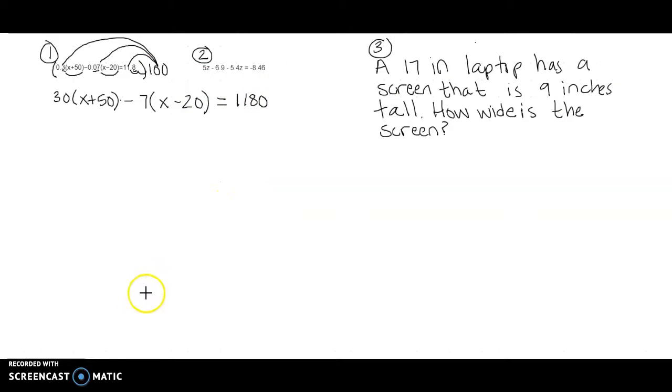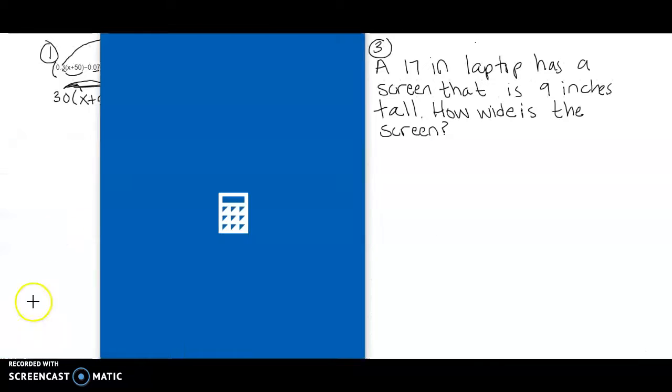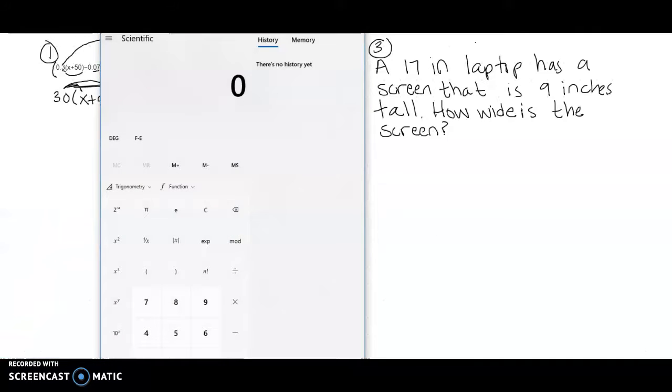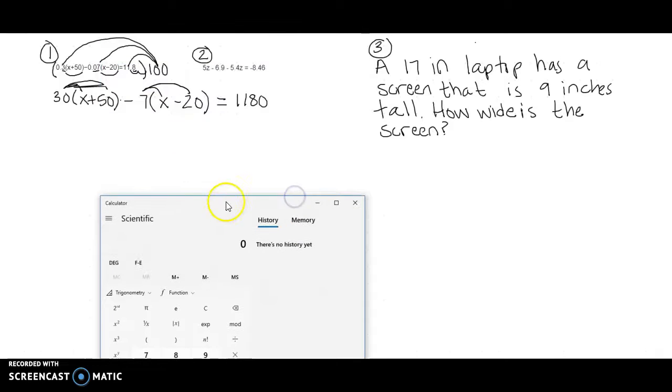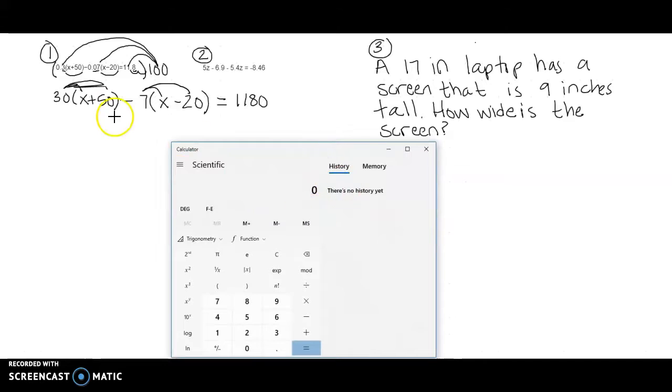All right, now I've got to distribute. So I'm going to distribute the 30 in. Let me pull out my little calculator here, because remember you can use your calculator and it is a great tool. Let's make it a little smaller. There we go.